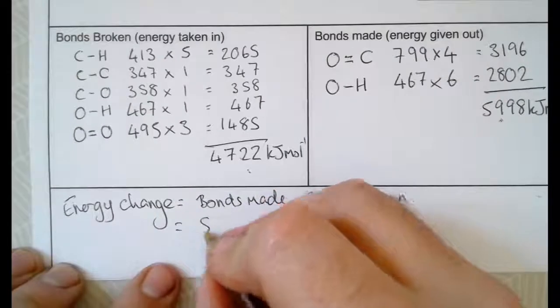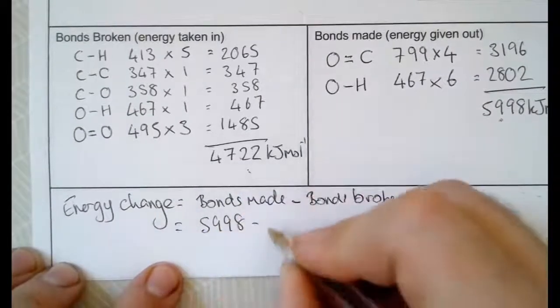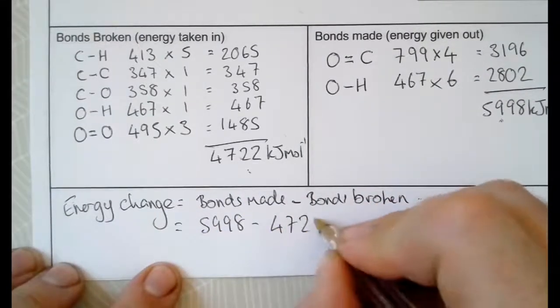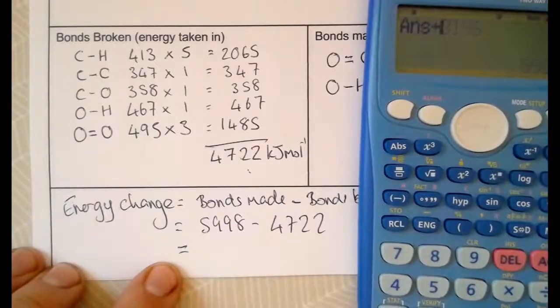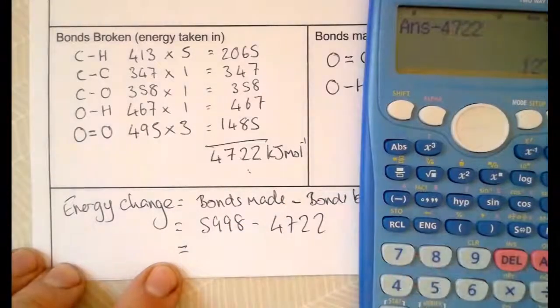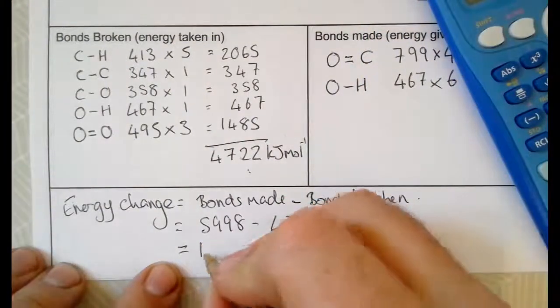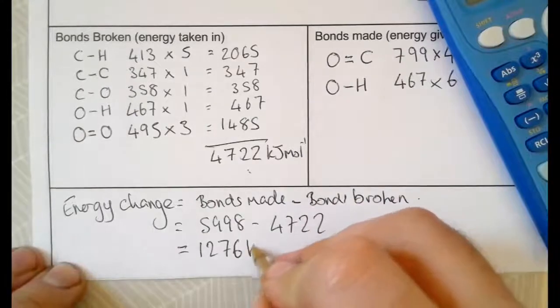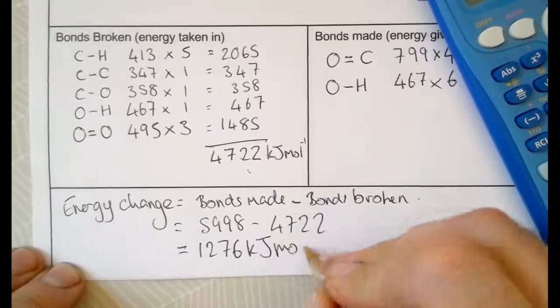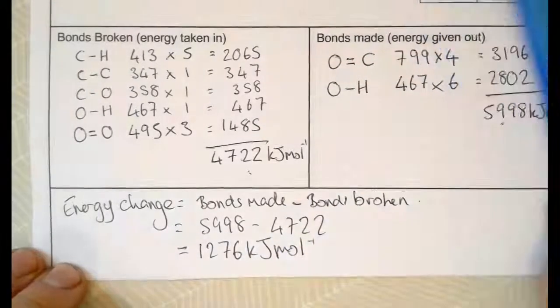So we had 5998 minus 4722. Pop that into a calculator, and that gives us 1276 kilojoules per mole.